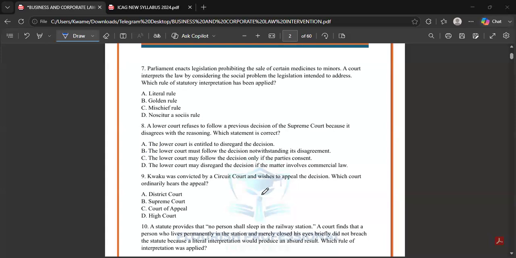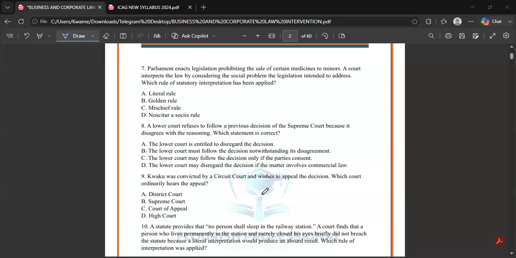And the mischief rule looks at what the law intends to do, the intention behind the law. So the answer is the mischief rule, because it's interpreting by considering the social problem the legislation intended to address. So it is trying to apply the law or interpret the law from the angle of the problem the legislation intended to address.